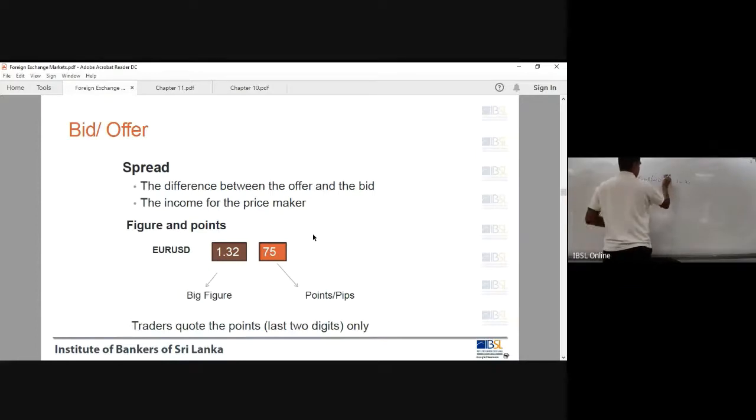Right, so the last two digits, in this case 75, are called the pips. And 1.32 is the big figure. So remember, in the market only the pips are being quoted.